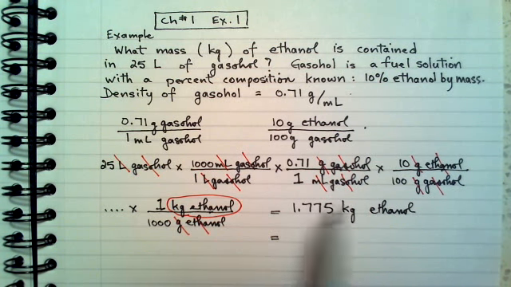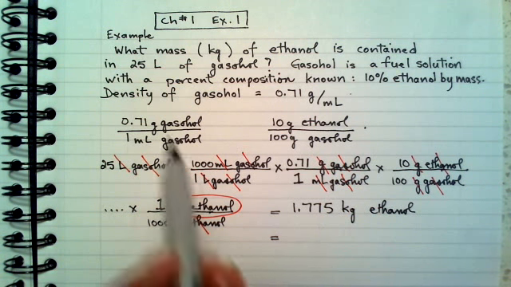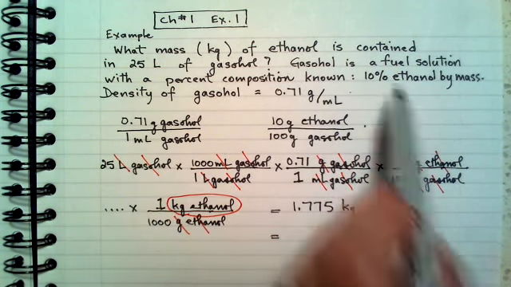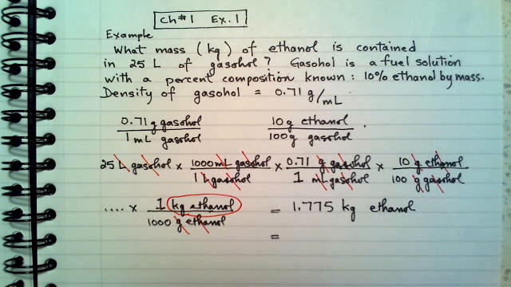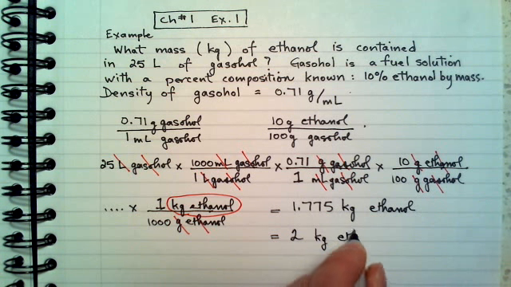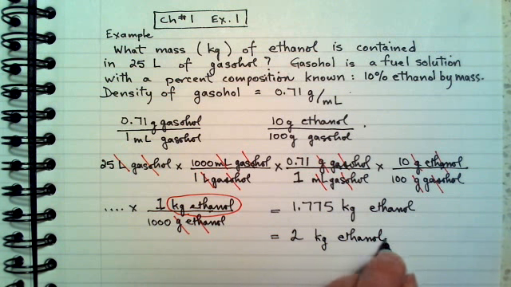This is all multiplication, so my answer should have the same number of significant figures as the least precise one given, and that's 10%, which is 1. So I need to round this to 1 sig fig, or 1 significant digit. My unit stays the same, and this is my final answer.